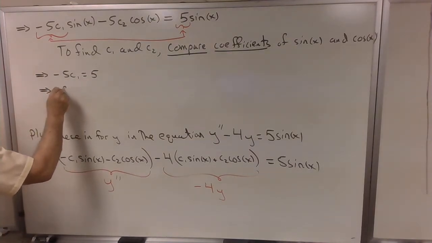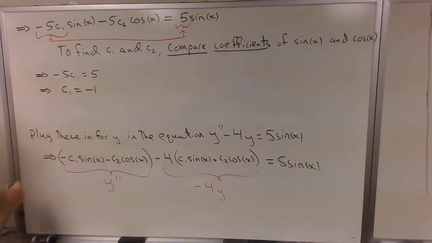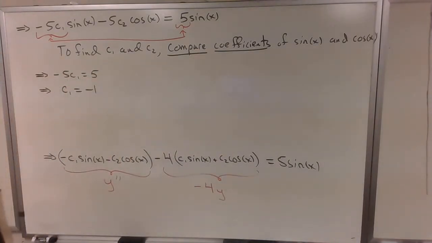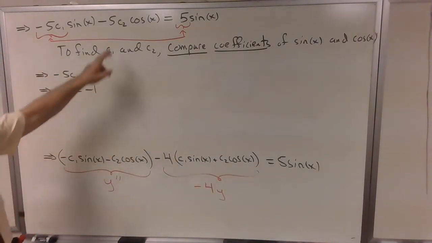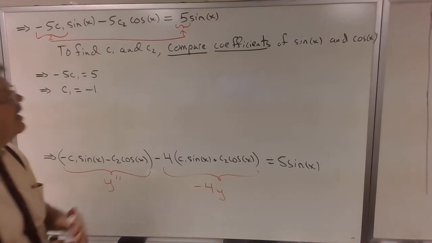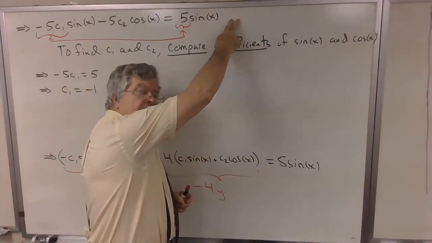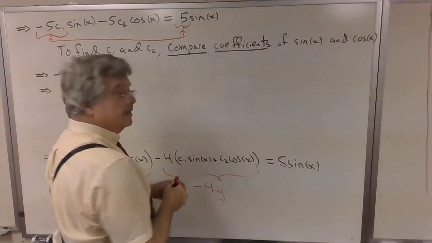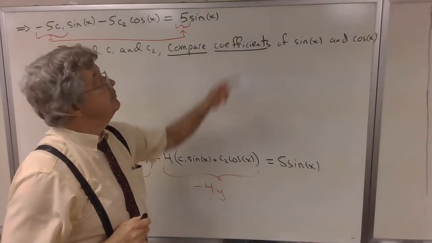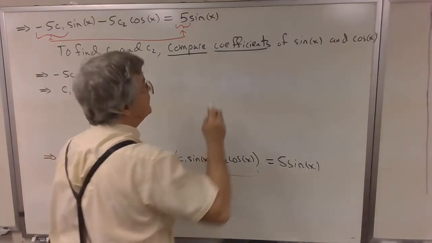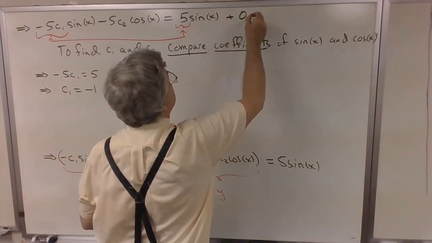And that means that c1 is equal to negative 1. Now, what about comparing the coefficients of cosine of x? I don't see cosine of x over here. You know why I don't see cosine of x over here? Because its coefficient is 0.